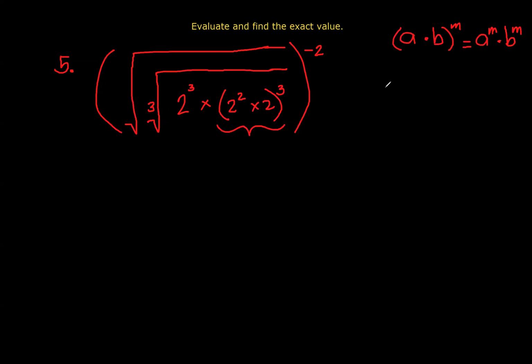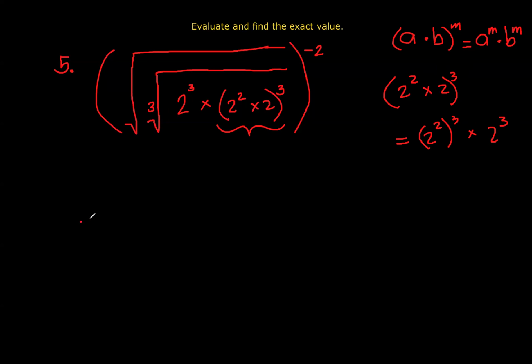And so this one will be equal to 2 raised to 2 times 2 raised to 3. This will be equal to 2 raised to 2 raised to 3 times 2 raised to 3.